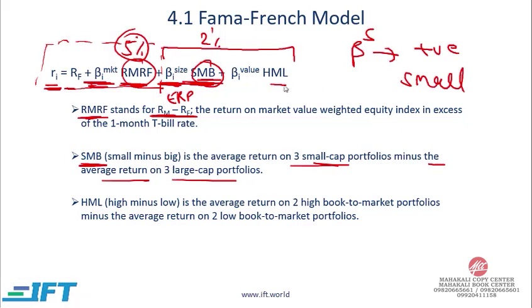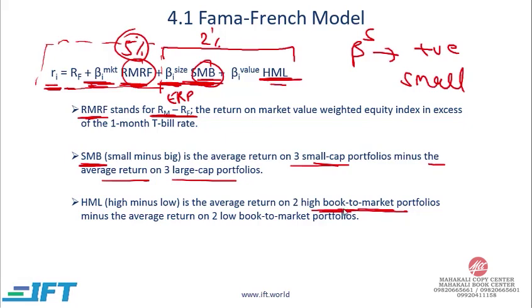What about high minus low? Again, one of the anomalies that we have talked about is that companies with a high book to market ratio versus low book to market ratio will have different returns. Studies have shown that value stocks tend to do better. Are companies with high book to market good value? The answer is yes.